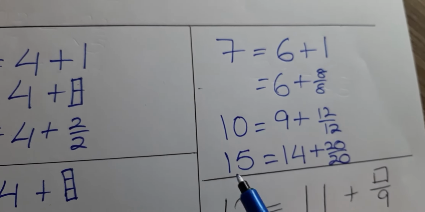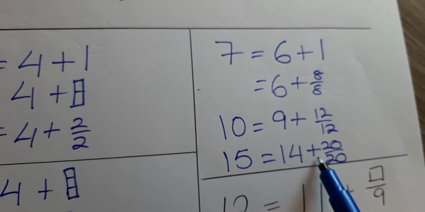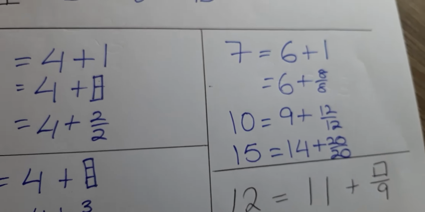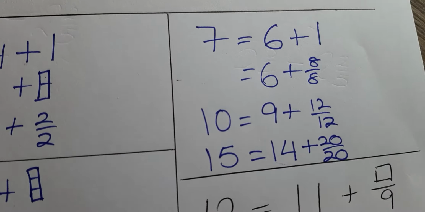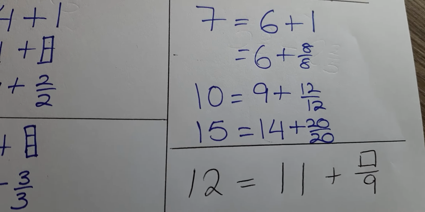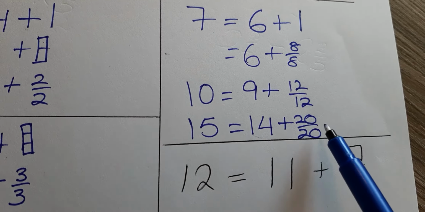Yes? Just drop it down by 1 whole and you can put anything here depending on what you need. In this case, we're just putting randomly 8 eighths, 12 twelfths, 20 20ths.